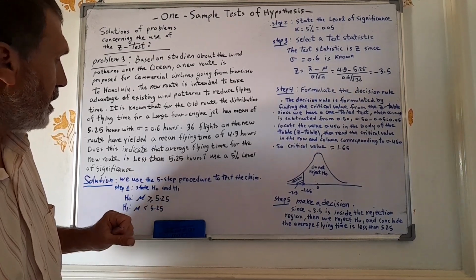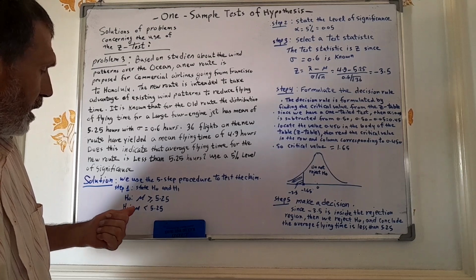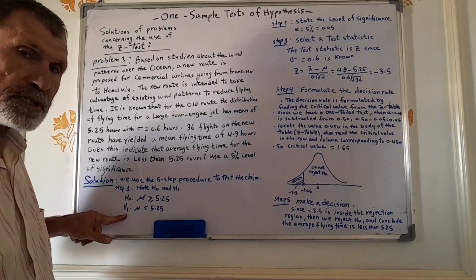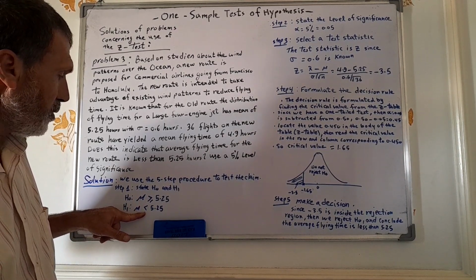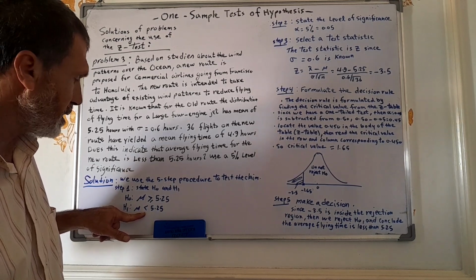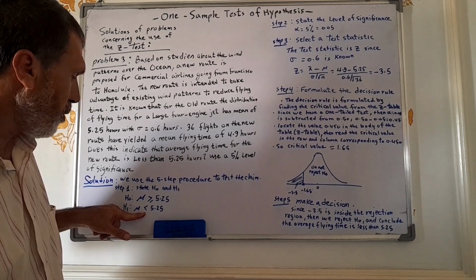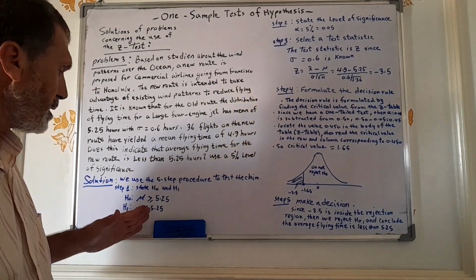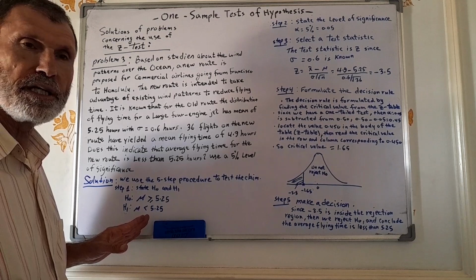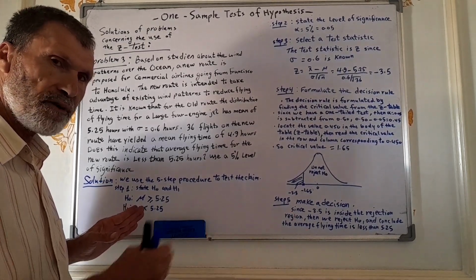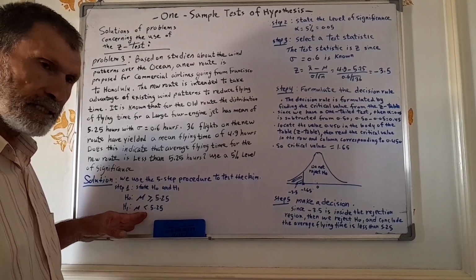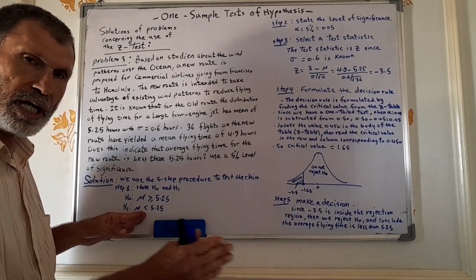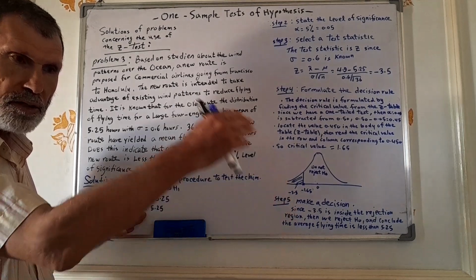Remember that since the direction in the alternative hypothesis points to the less than inequality, this points to the location of the rejection region, which is in the lower tail of the curve, to the left of 0 in the normal curve. We have upper tail and lower tail.